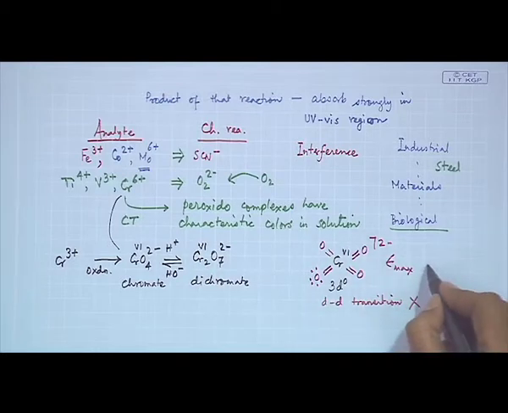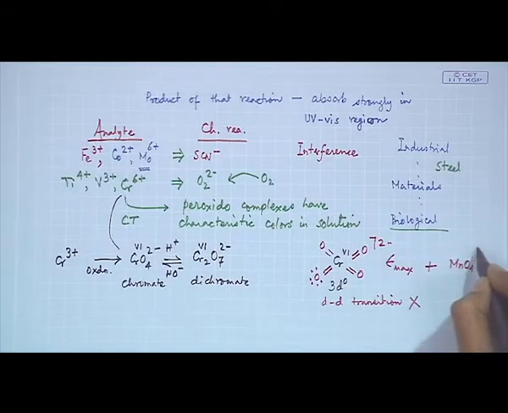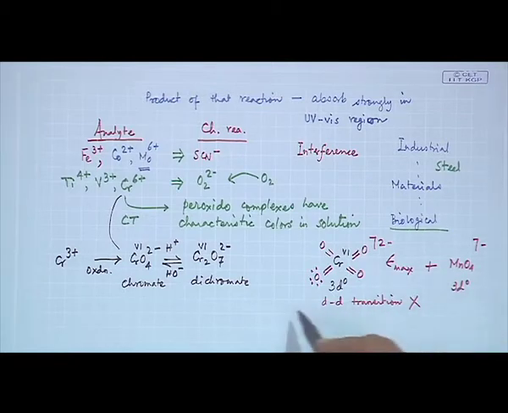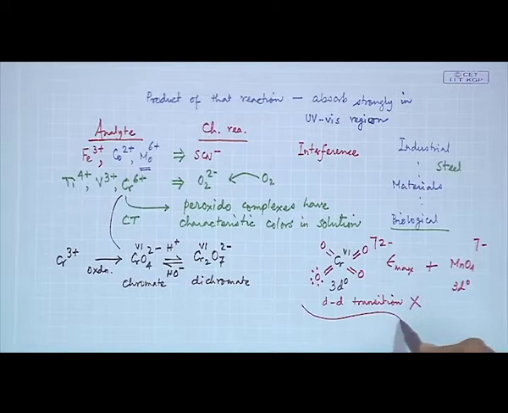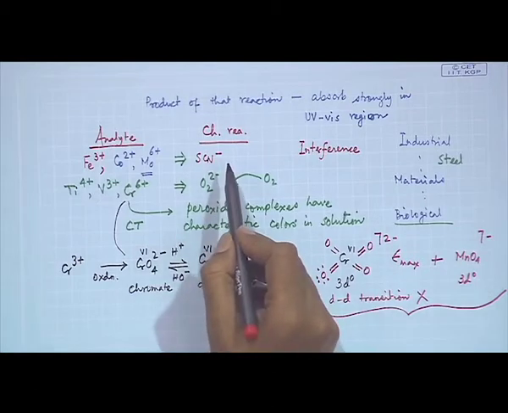Because very soon we will also see the other component like MnO4-, the permanganate anion. This is also a case of a 3d0 system, and again a charge transfer transition will prevail there, but we will see how we can handle it if both of them are present as a mixture. Okay. So, we are talking about these chromophoric reagents.